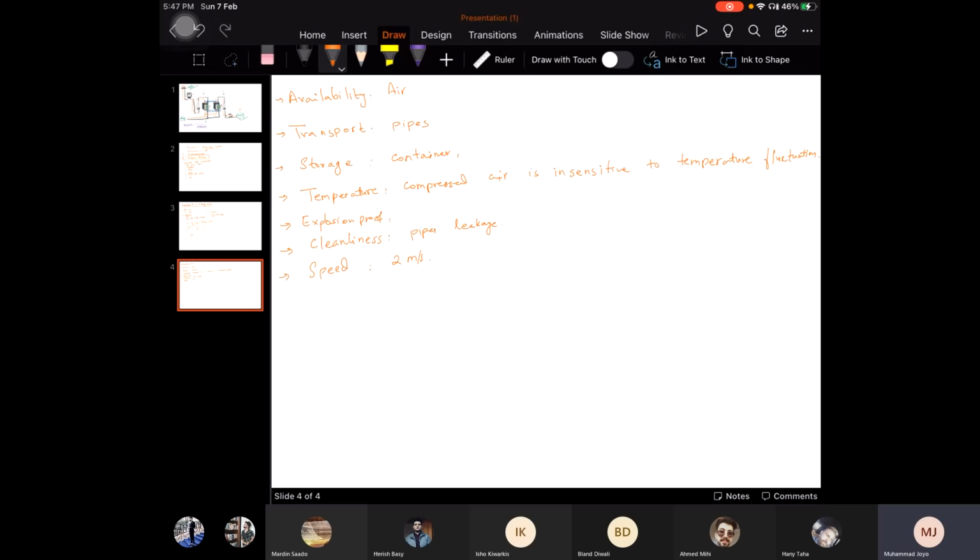The controllability: the forces exerted by the pneumatic actuators and their speed can be continuously adjusted. So how will it be adjusted? It will be adjusted with the help of valves.